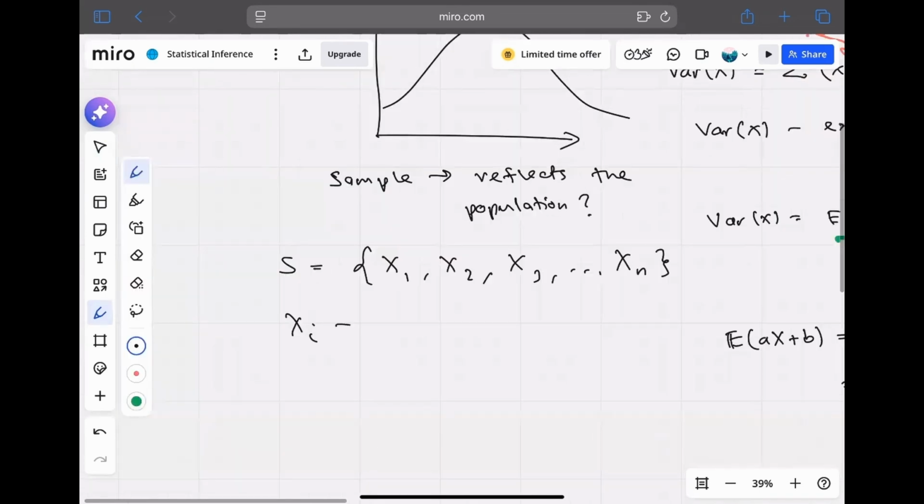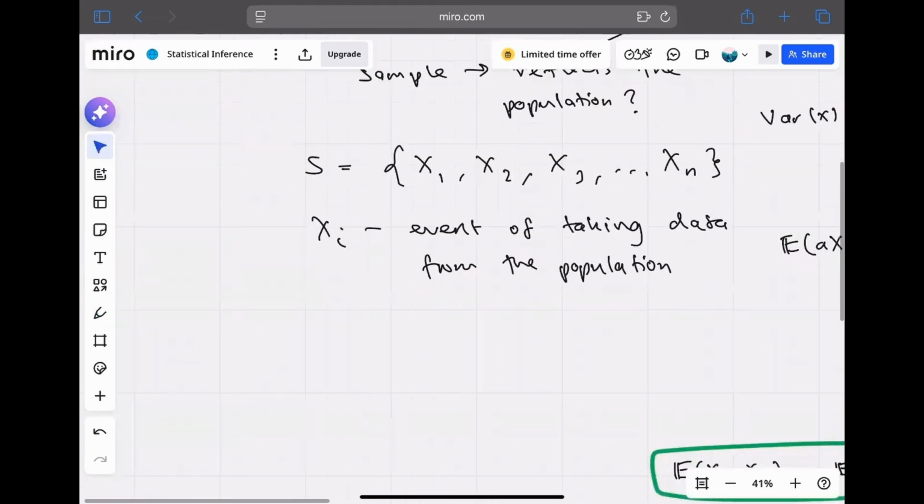This is just the event of taking a measurement. So it could just be me going to a house, interviewing them, getting some piece of data on a survey. And we have n of these points because we can't cover the entire distribution. So we take n samples or n points in a sample.